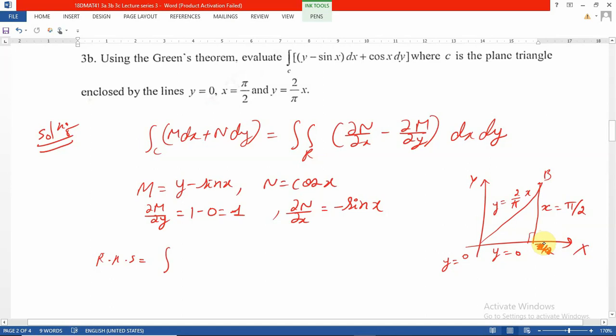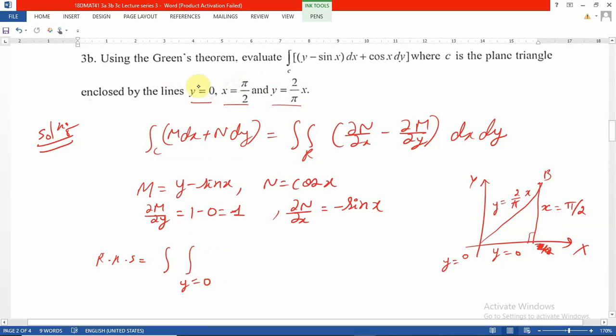So one thing is very clear, when y is equal to 0, looking at the given three equations, first one, second one and third one, we can easily identify our limit. So first, always we are going to integrate with respect to y, therefore I say this is y is equal to 0.